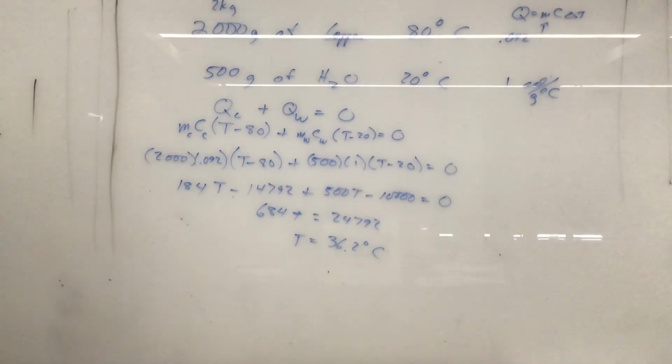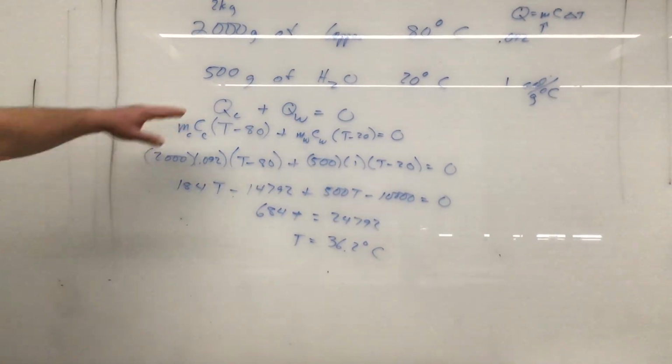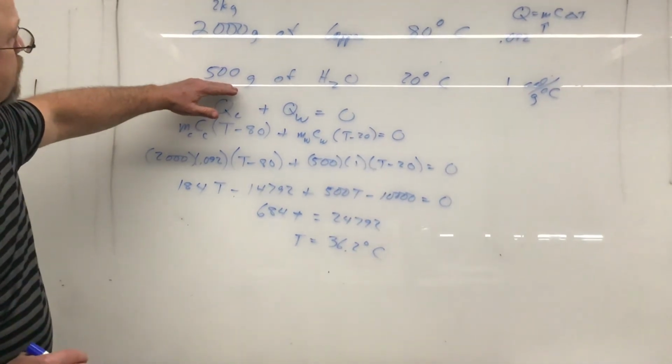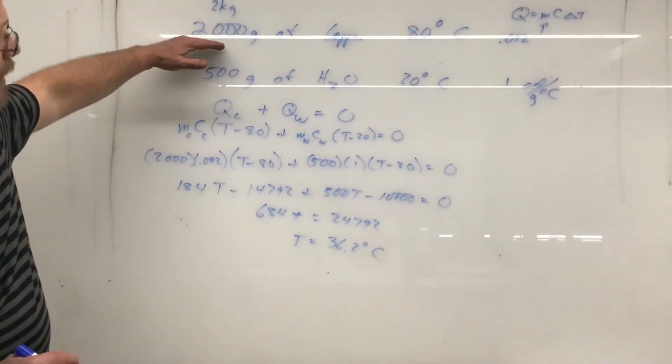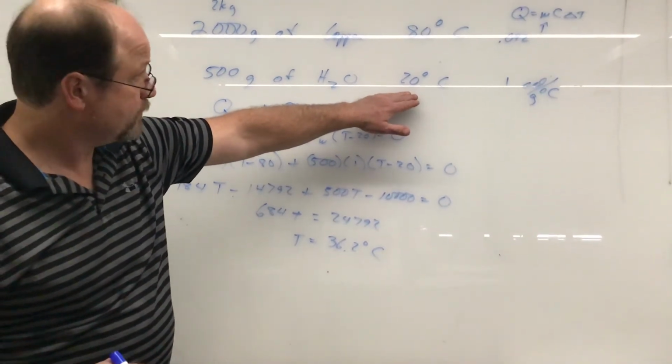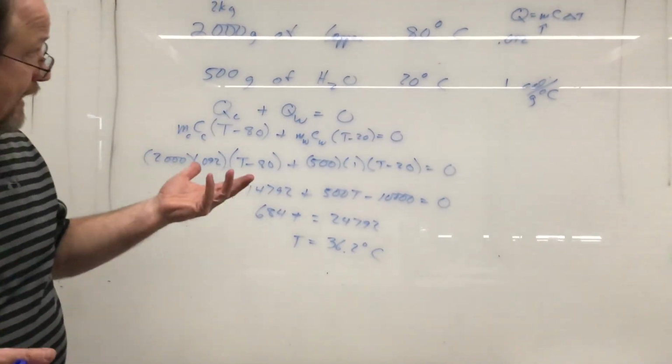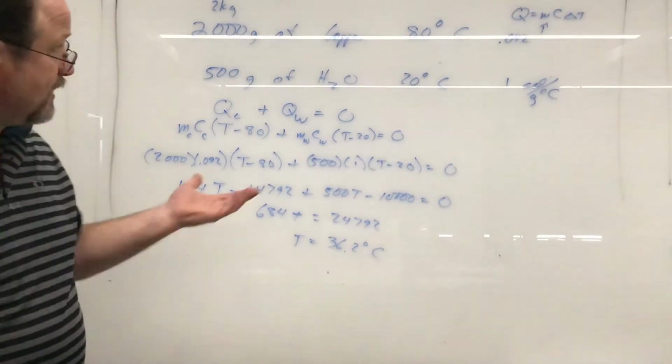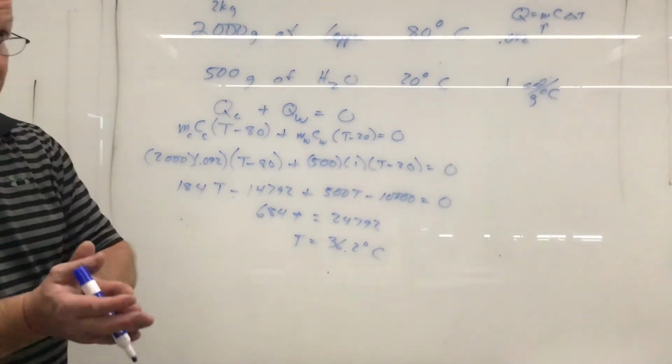Now a couple things to observe about this. Number one, there's a lot less water than copper, and yet the temperature ends up being closer to the water temperature. It's important to notice that if you start at 80 and 20 with equal masses, you kind of think it should be halfway in between.